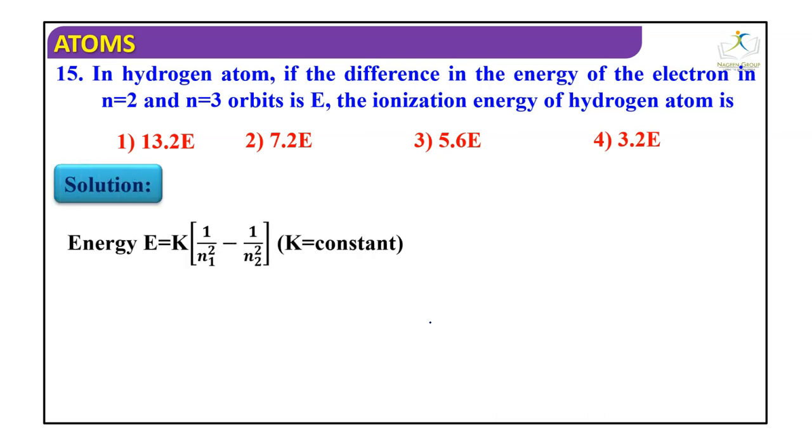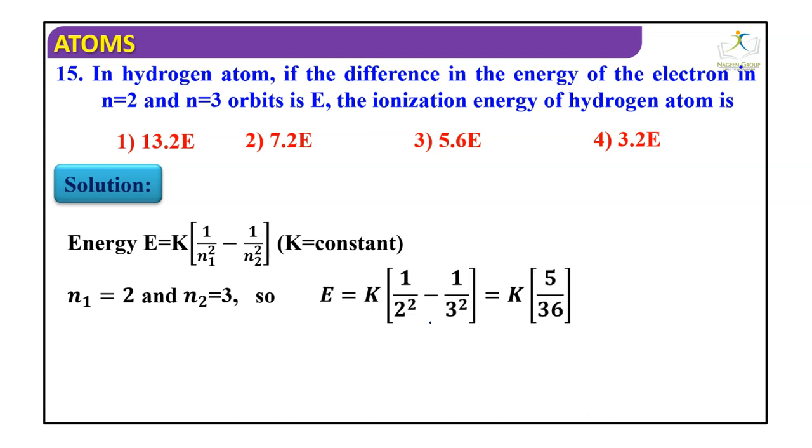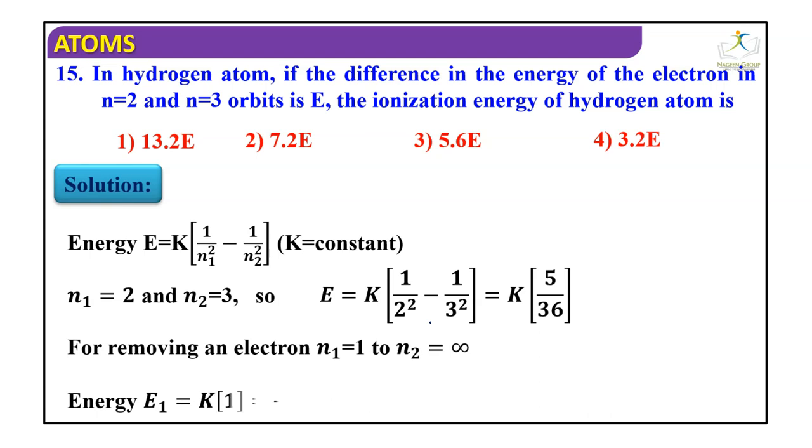Energy E is equal to K times 1 by n1 square minus 1 by n2 square, where K is a constant. So n1 is equal to 2 and n2 is equal to 3. We just put these in and get the value of E in terms of K. So K times 1 by 2 square minus 1 by 3 square. After a little solution, E is equal to K times 5 by 36.